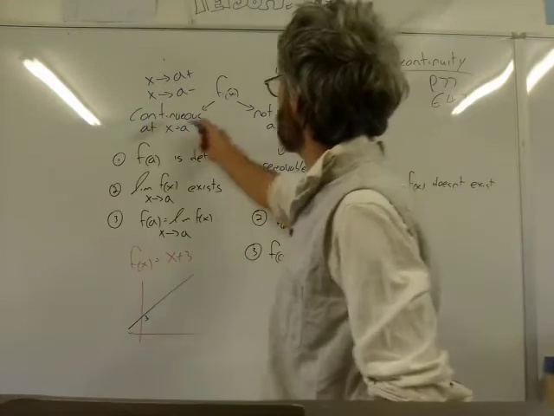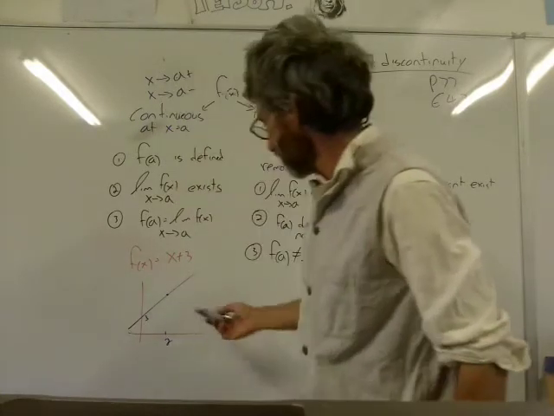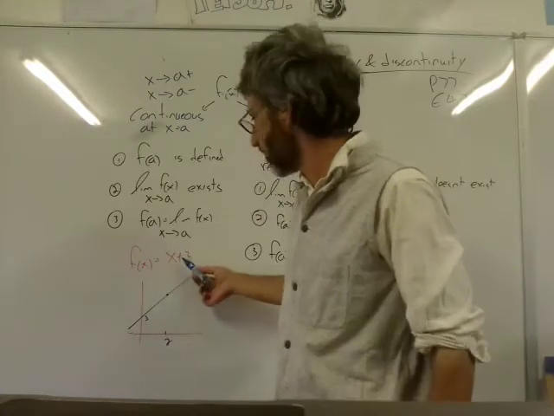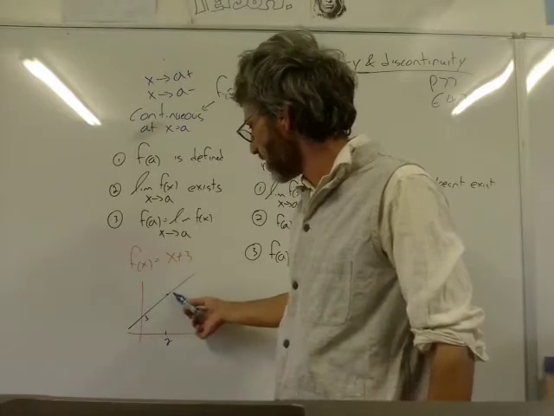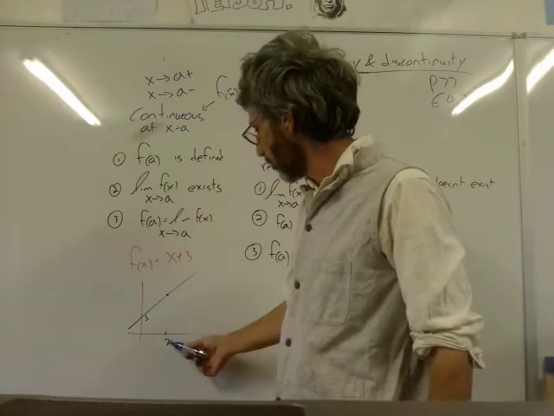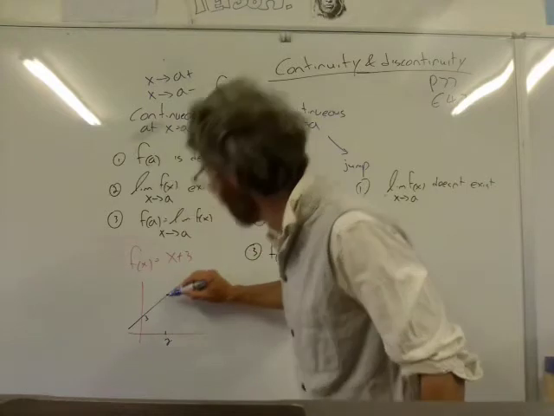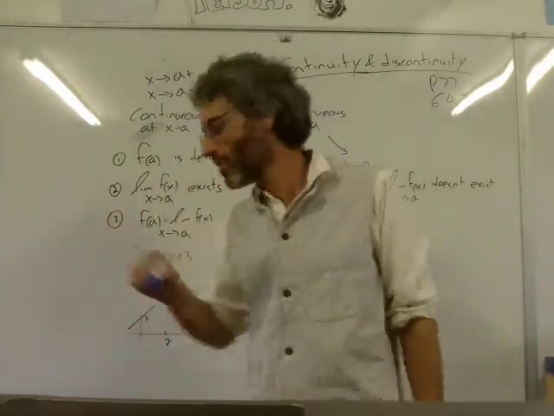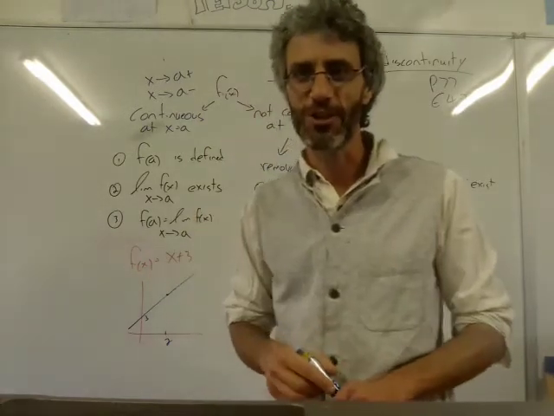Now I can choose, let's say, a equal 2. Let's look at what happens at 2. You can see that, first of all, f of 2 exists. It's 5. 2 plus 3 is 5. The limit, whether I go from the right or the left, exists, and it's the same. As I get closer to x equal 2, f of x approaches 5. So the limit exists and it's equal to the value of the function.